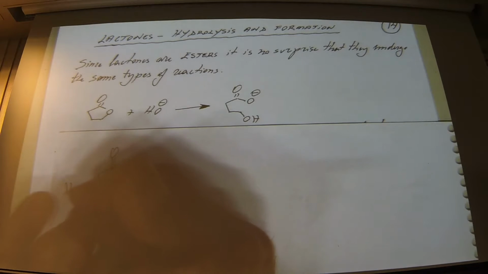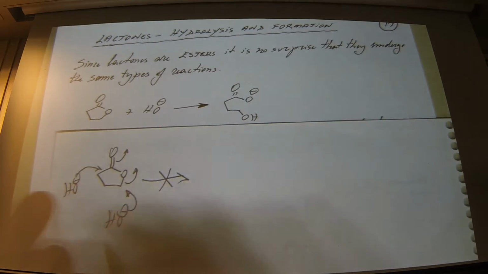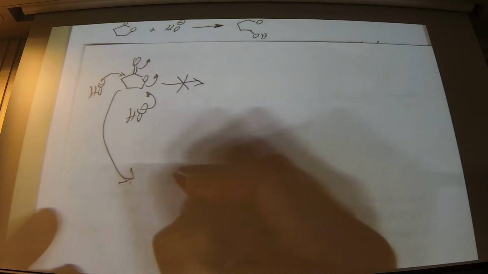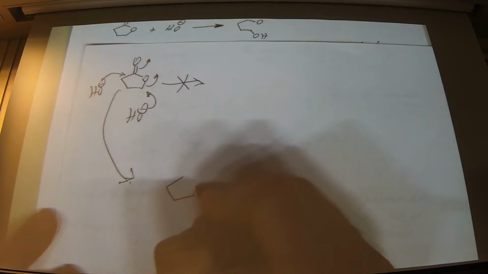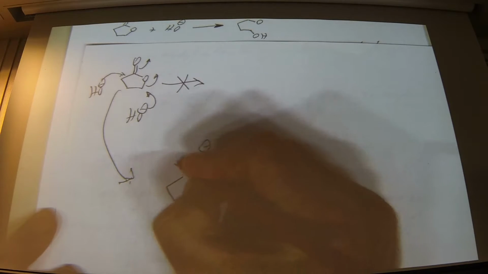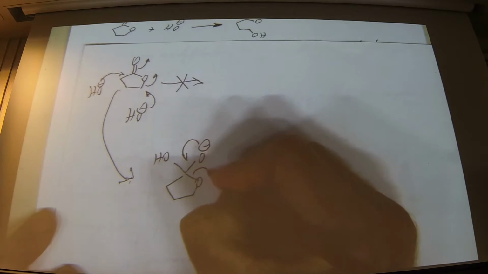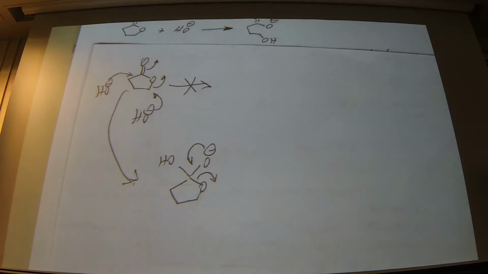The hydroxide gets started by attacking the carbonyl and forming a tetrahedral intermediate. So what happens is that you end up getting the tetrahedral intermediate, and this is reversible, of course, and then it does the same kind of chemistry you saw before.